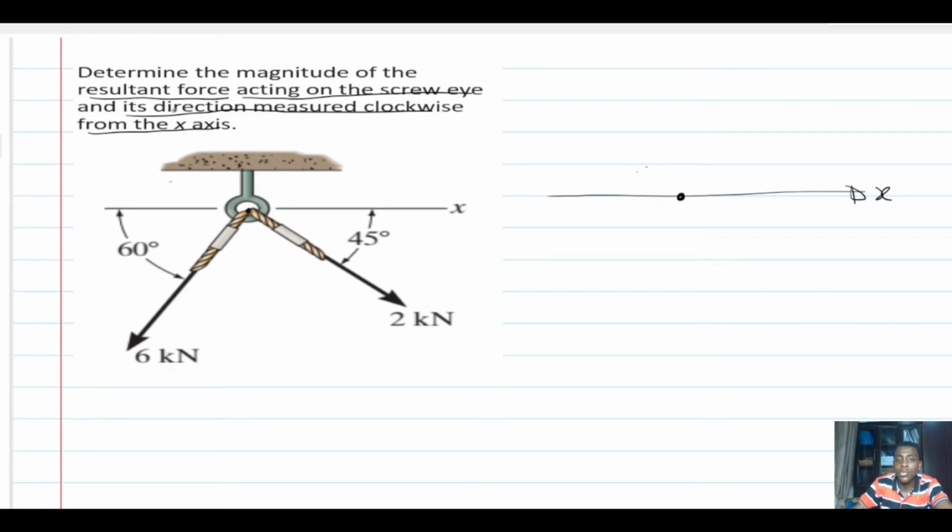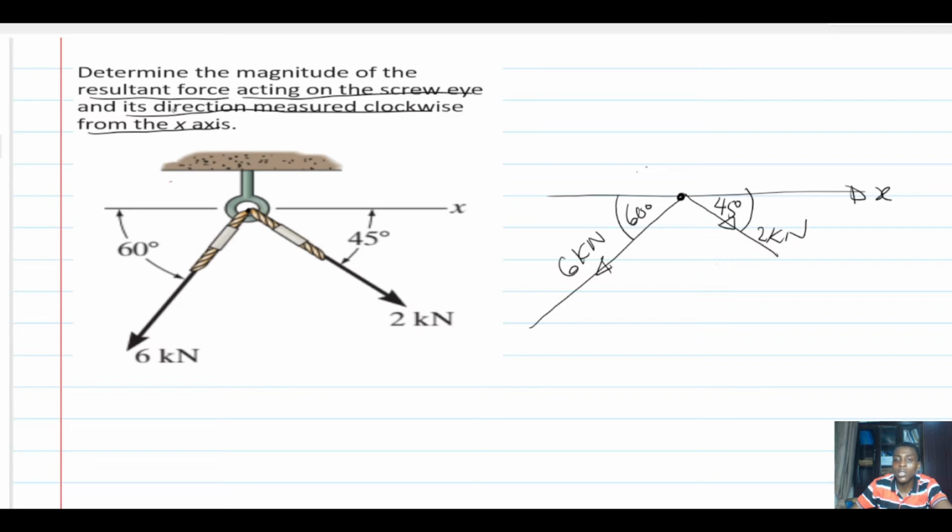I have a force of 6 kilonewtons in this direction, and the angle here is 60 degrees. Then I have a force of 2 kilonewtons, and the angle it makes is 45 with respect to the x-axis.